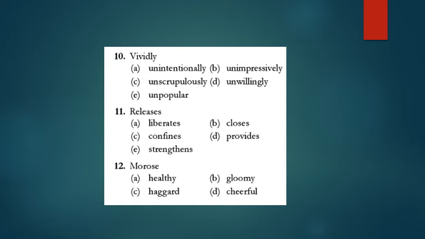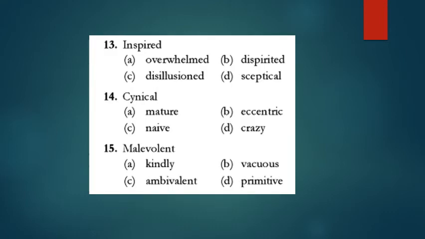Releases: liberates, closes, confines, provides, strengthens. Morose: healthy, gloomy, haggard, cheerful. Inspired: overwhelmed, dispirited, disillusioned, skeptical. Cynical: mature, eccentric, naive, crazy. Malevolent: kindly, vacuous, ambivalent, primitive.